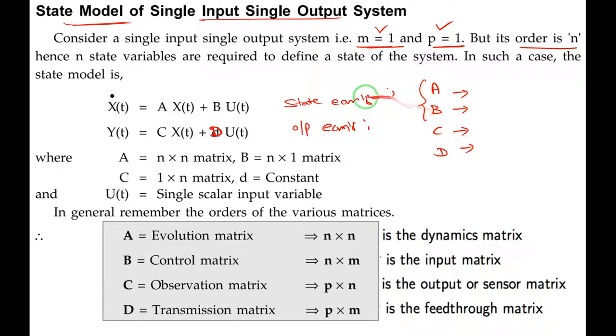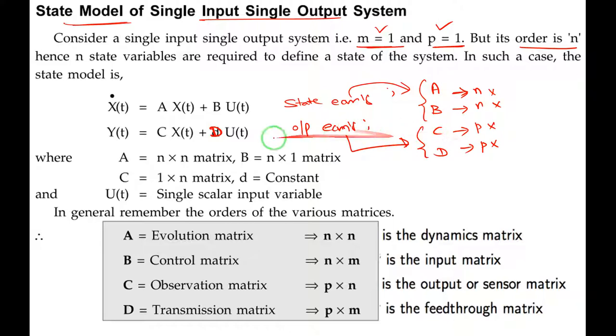These two are associated with the state equations. These two are associated with the output equations, right? For state, observe here, n cross n. This is output equation, which means p refers to output, right? p cross n. So n stands for the number of state variables, and A and B are associated with the state equations.